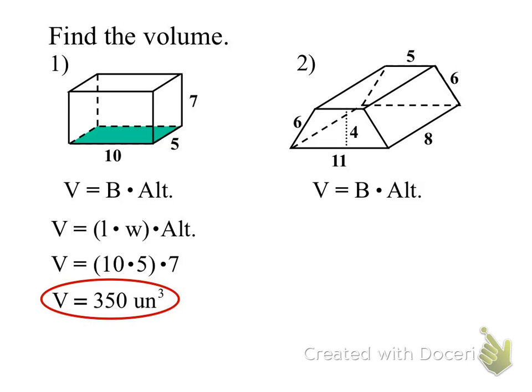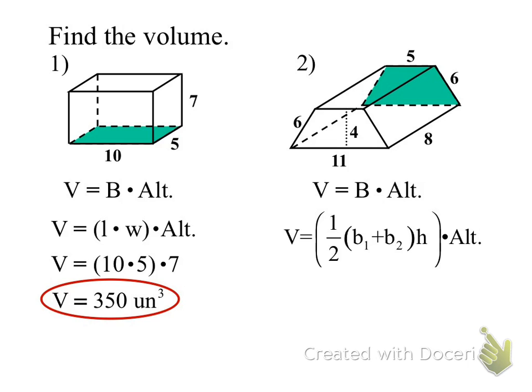So what's the formula for a trapezoid, please? Aiden. 1/2 times height times b1 plus b2. Perfect. So that's 1/2 base 1 plus base 2 times the height. Order doesn't matter. I could have done the bases first, the height second, or height first. Then times the altitude. Now, what are the numbers that I am going to be substituting in?